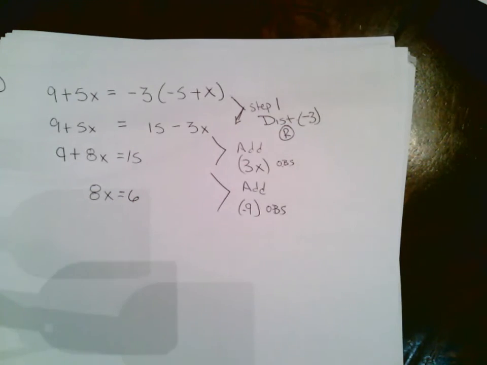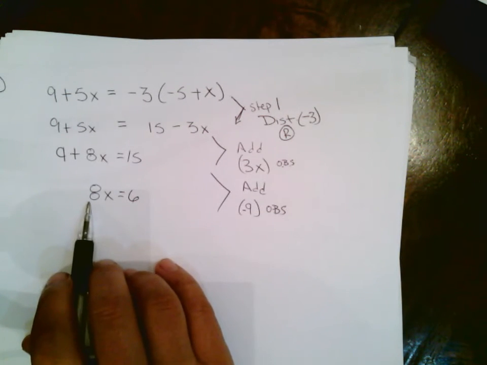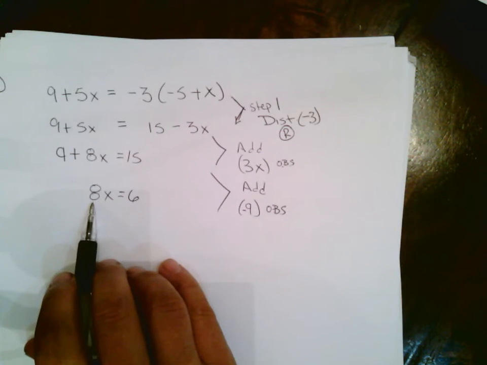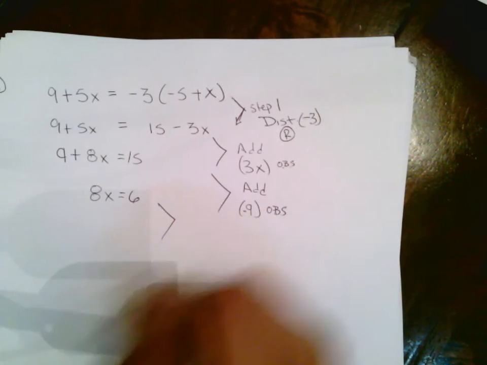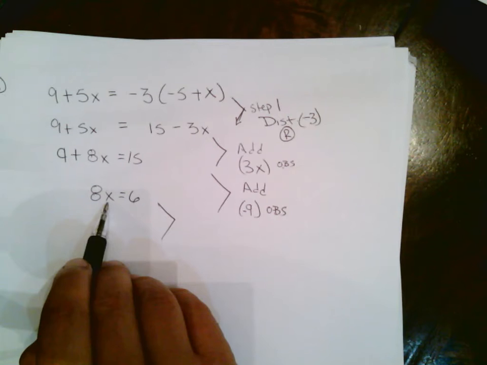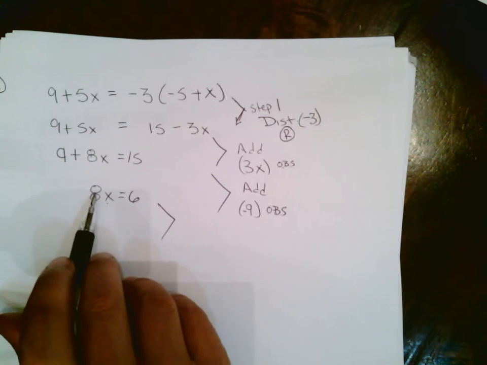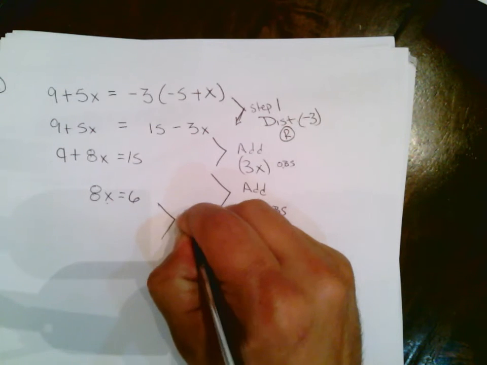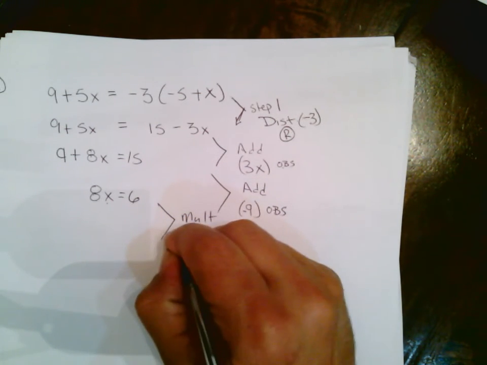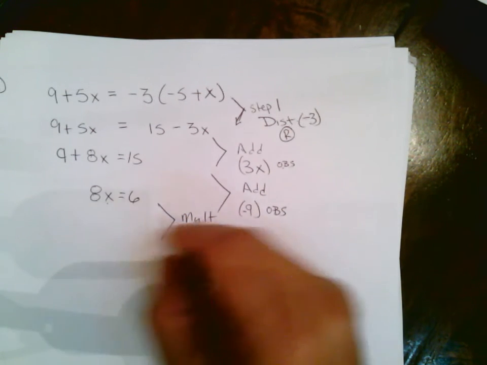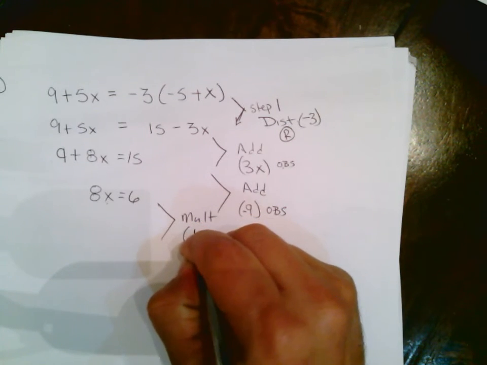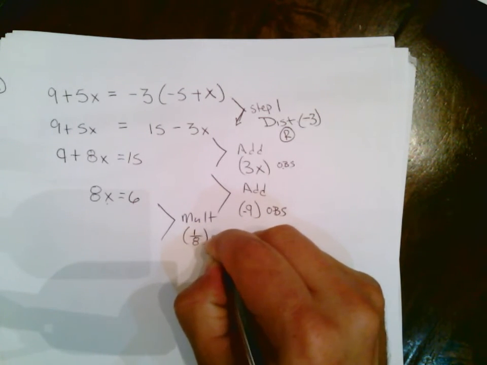My following step will be to find a way to get that x by itself, I'm sorry, not 8x, by removing the 8 somehow. The only way I could do this is by multiplying by the reciprocal or dividing by 8, but we're just going to say we're going to multiply by the reciprocal of 8, which is 1/8, and we're going to do this on both sides.